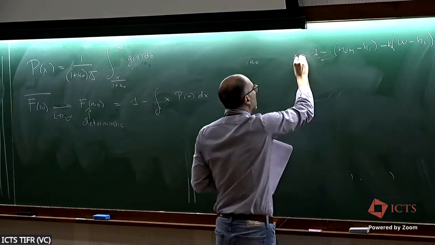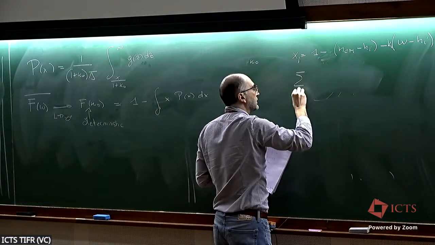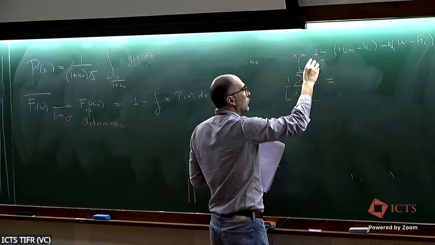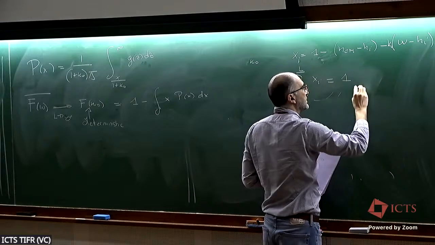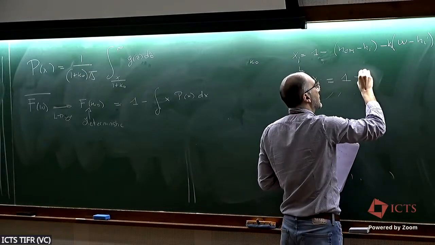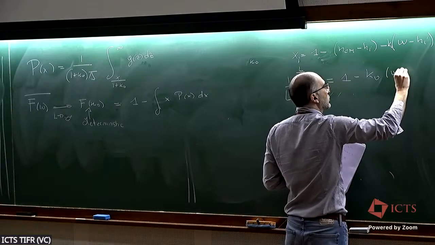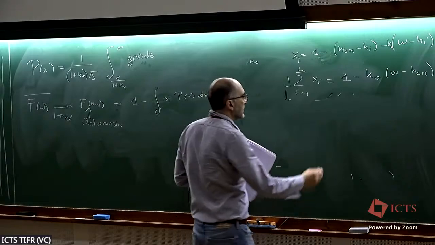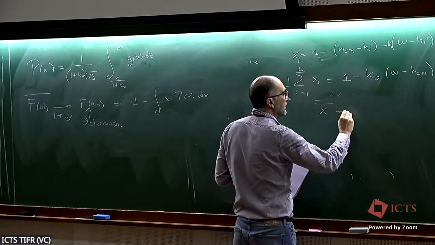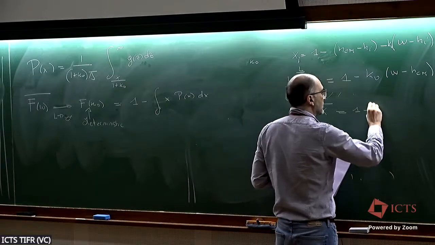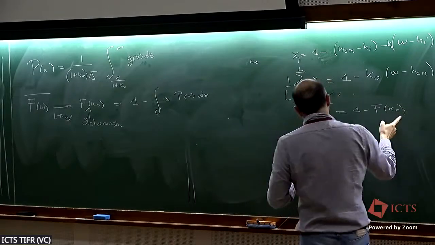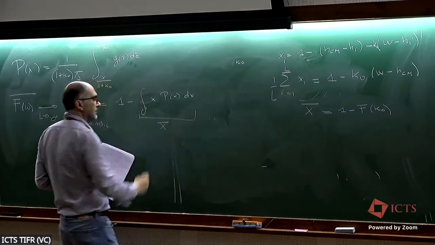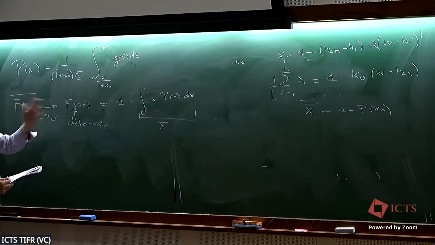Now when you sum over all i from 1 to L, Xi divided by L, 1 remains 1, this is 0, and this is minus K0 W minus HCM. And so it means that X average is equal to 1 minus the force. And so this is what you get here. This is X average. Okay? And so you have that the force is 1 minus X average.